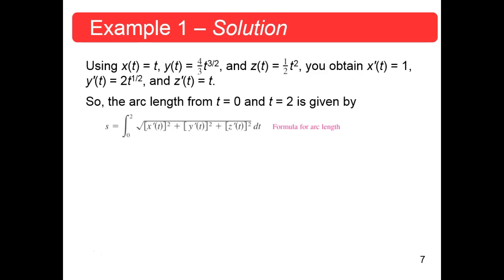So it works out the same, whichever they did. Remember that these numbers are the limits on t. So let's plug in what we found the x prime, y prime, and z prime to be. That is equal to the integral from 0 to 2 of the square root of 1 squared is 1 plus 2t to the 1/2. When you square that, you get 4t. And then the last one is just t squared.